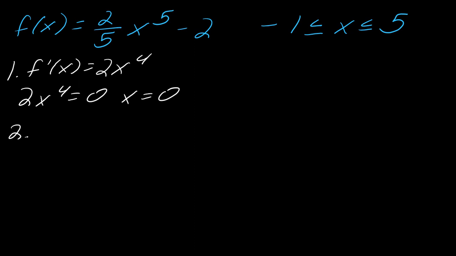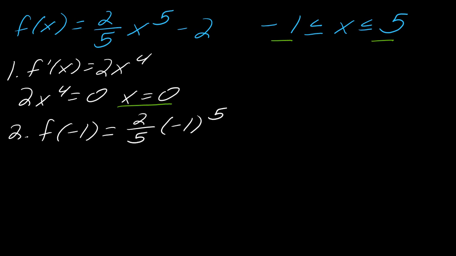In step 2, I have to evaluate f at each one of the critical points and endpoints. So I need to plug in these 2 endpoints and also the critical point into my f of x. I'm just going to go in order here. Starting with f of -1, if I plug this in, this will give me -12 over 5, which equals -2.4.